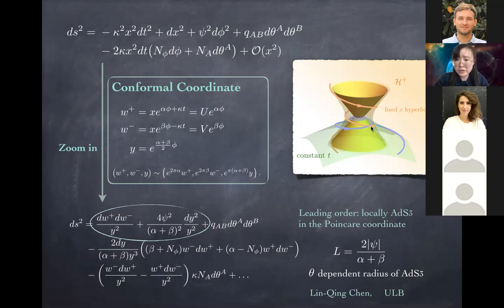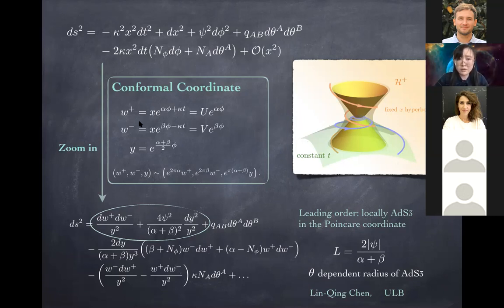The orange spiral and blue spiral are both fixed W plus, and this is how they intersect with the stretched horizon, which is a fixed X hyperbola, and the constant T, which is this green surface. Because they are plotted at the same value, they cross at a point and spiral differently along the two hypersurfaces.